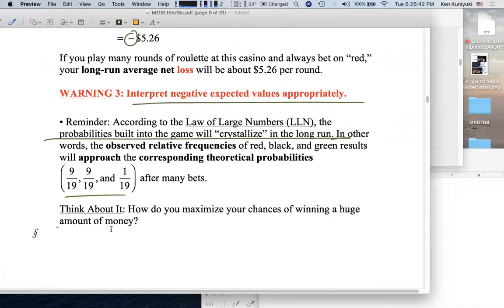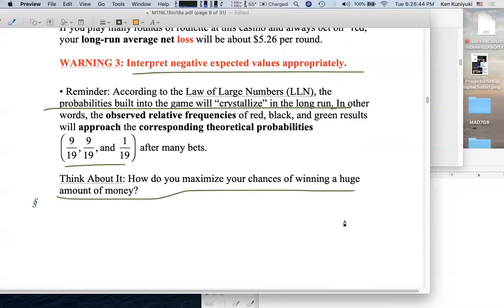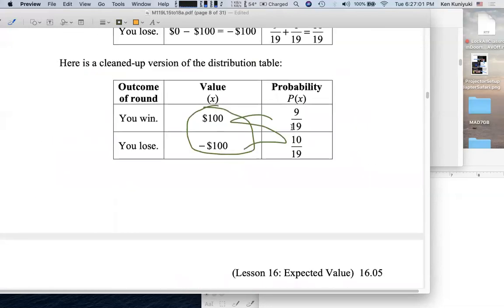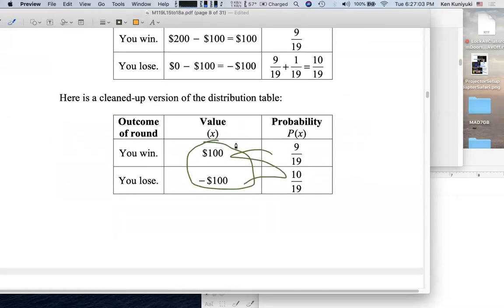Think about it. If you had to make a lot of money, how do you maximize your chances of winning a huge amount of money? My suggestion would be put it all in one shot and hope. Because in the long run, the law of large numbers will kick you because the payoff structure is set up so that E of X is negative.